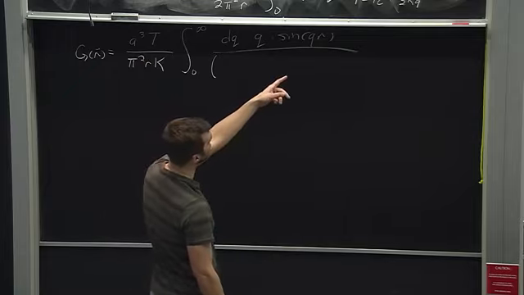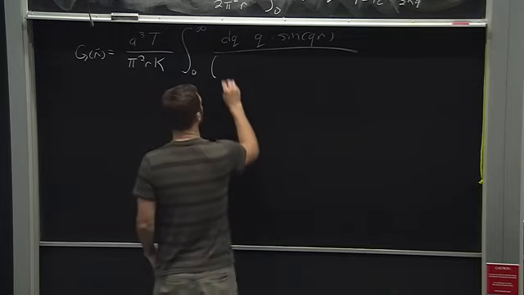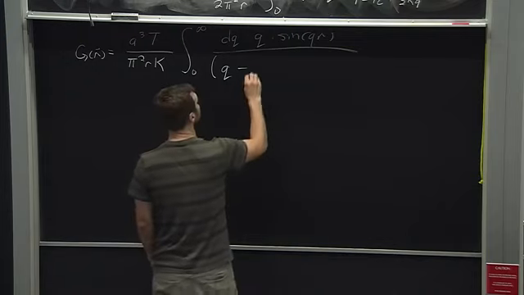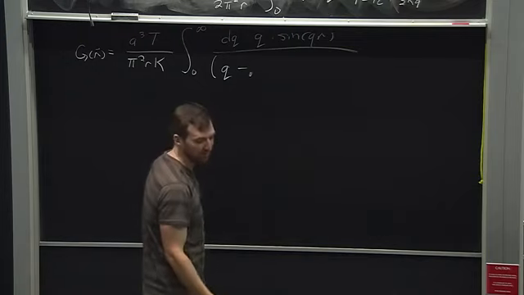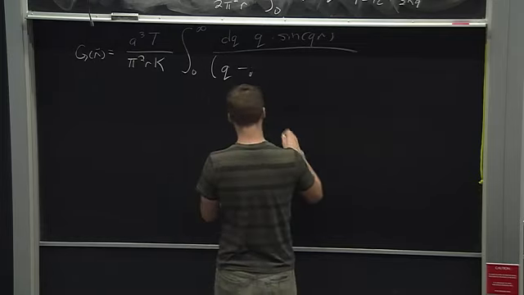I've got to complete the square on that thing. So it's q minus i times something, right? And you're going to have to take a square root of basically that mass term.